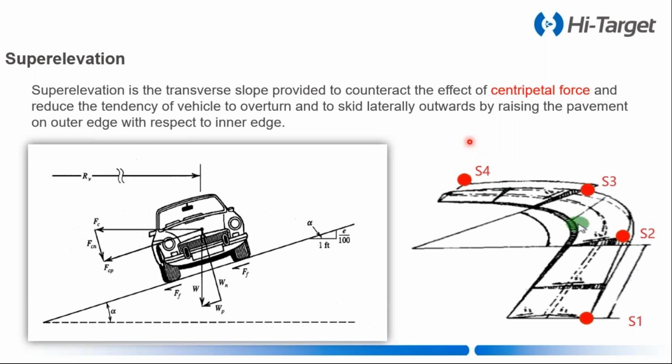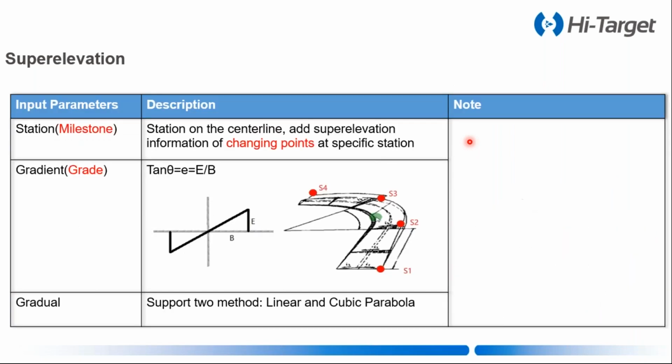Then how to input the super elevation in Highway? Let's check this table. For this situation, we need to input the parameters of the changing points. The changing point, that means S1, you can see this is S1. Before the point S1, the cross section is standard.